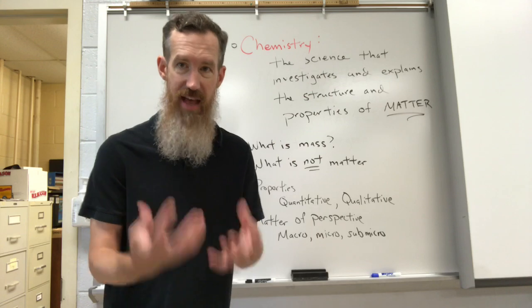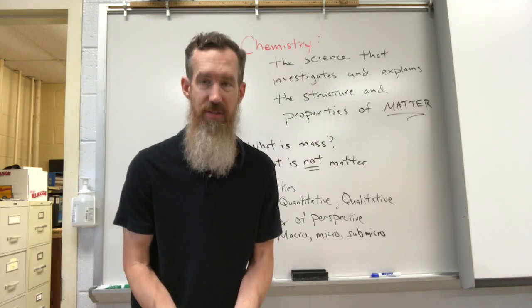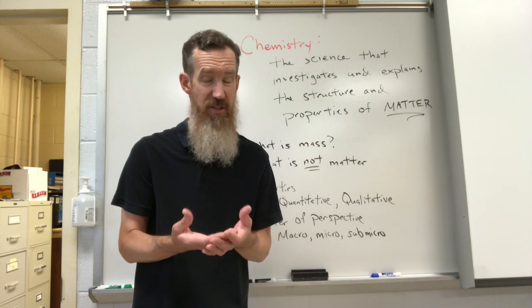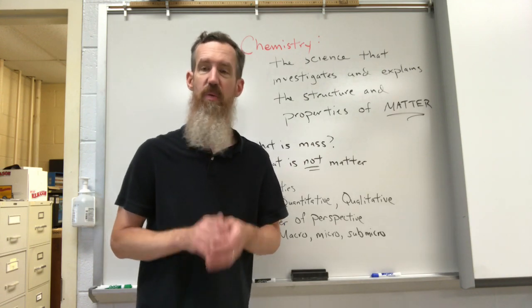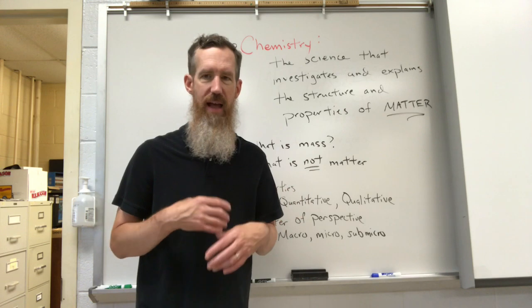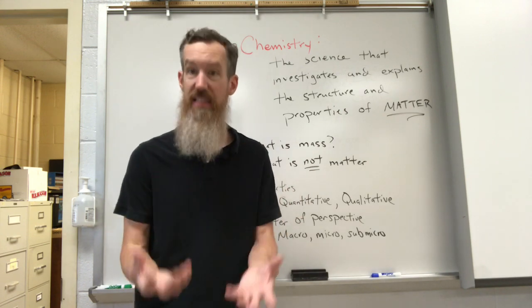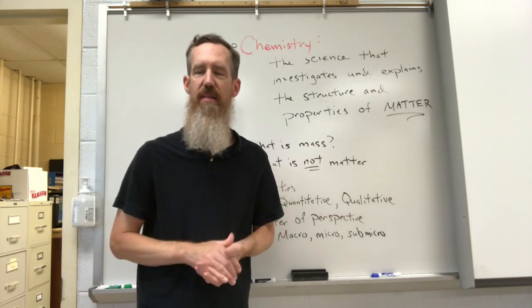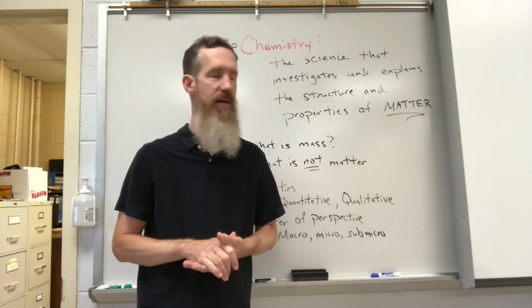Sometimes the stuff is heavy, it's got a lot of matter, a lot of mass, and sometimes the stuff is lighter, doesn't have much matter, doesn't have much mass. And we're going to discover later in the course how we talk about these things more scientifically. But right now, just keep that thought in your head.